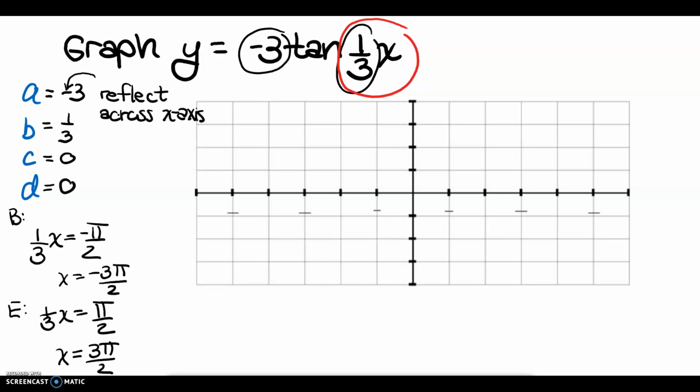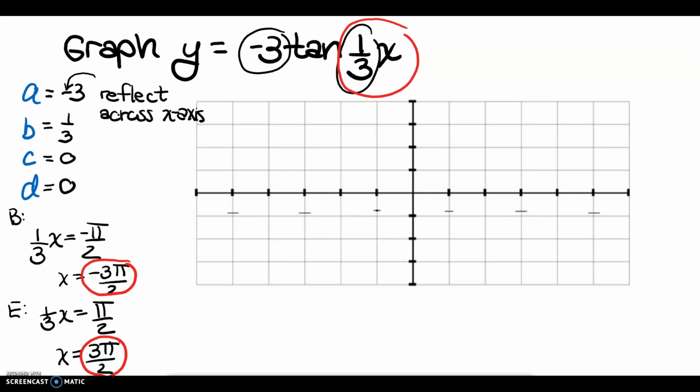So really all I need to do is make sure that between this and this, I have 4 equal parts. I really don't need to count by pi over 2's, like negative pi over 2, negative pi, because that just wouldn't give me enough for another period.